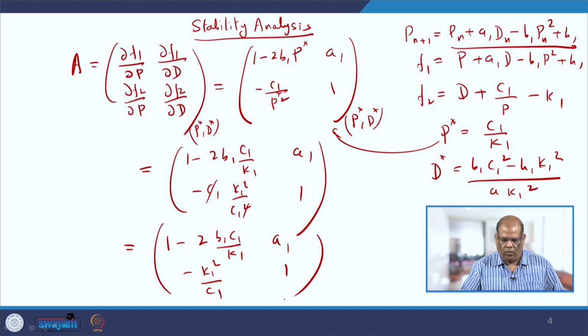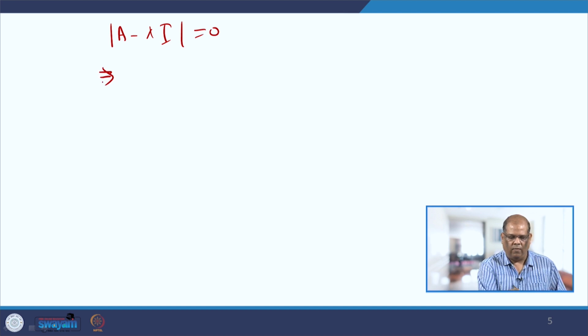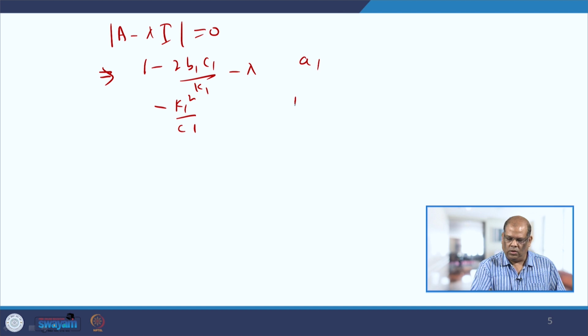Next we have to calculate the eigenvalues, and for that we find the determinant of A minus lambda I equal to 0, where lambda is the eigenvalue. So 1 minus 2 b1 c1 by k1 minus lambda, this is a1, minus k1 square by c1, and this is 1 minus lambda.